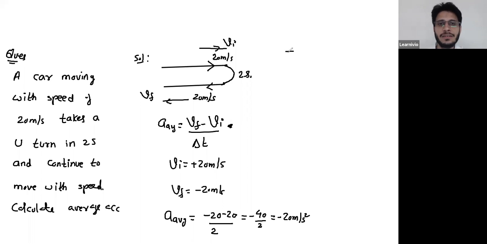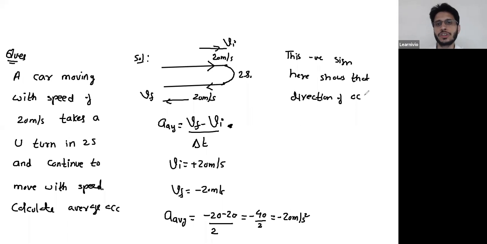This negative sign here shows that the direction of acceleration is opposite to that of initial velocity.